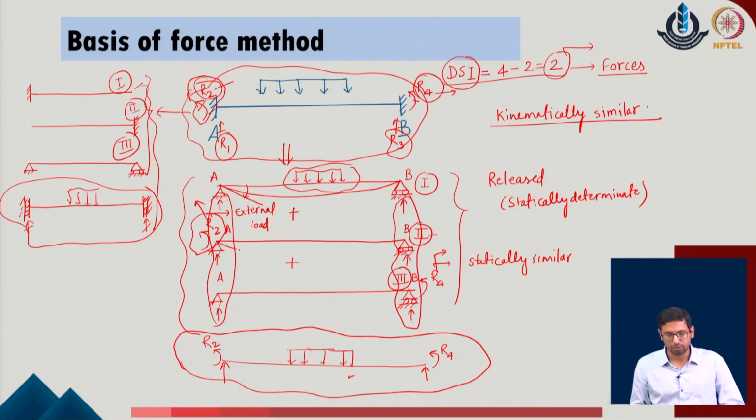In system number 2, due to the moment applied here as external load with the value R2, I may have some rotation provided here, and in system number 3, I may have a moment R4 provided at the joint B, which may also give a possibility of rotation at the joint A.